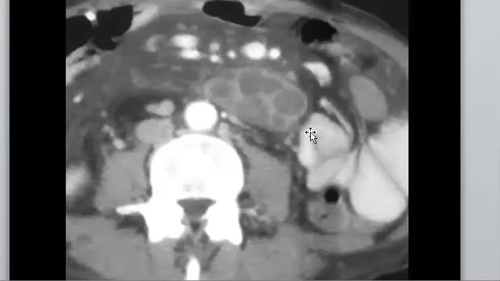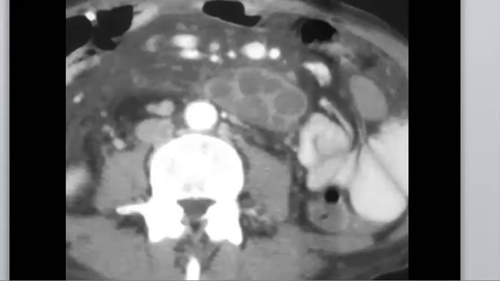Hypodense mesenteric lymphadenopathy. Can you show me which one? This one, right? Yes. So low attenuation or low density lymph nodes. It is in the retroperitoneum.